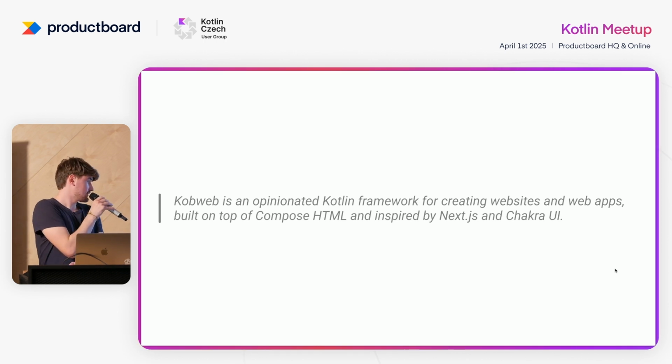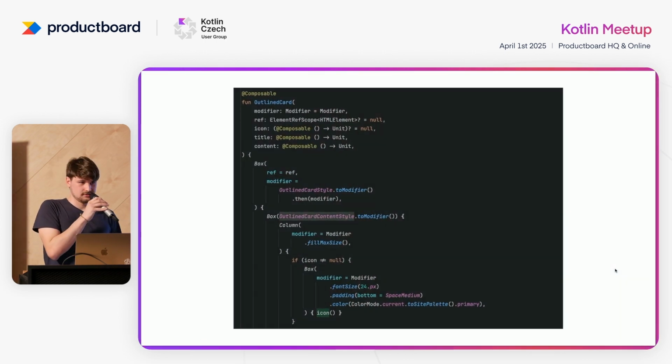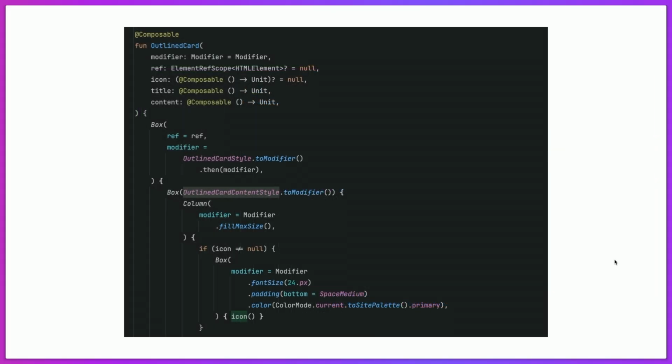And what it can do for us is transform the code to a much more Compose-looking code. As you can see, there are the familiar widgets or layouts like box, column, row. You can use modifiers, which do not exist in the Compose HTML.